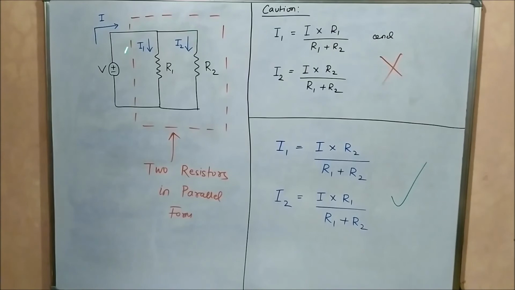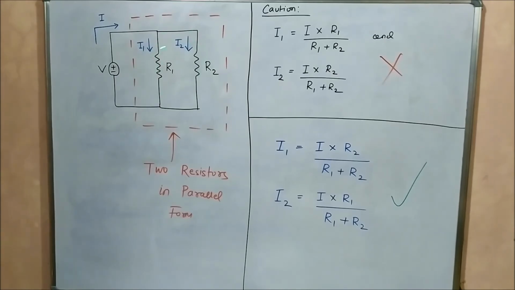I will demonstrate this with many circuit problems in my upcoming videos, but for now, understand that you have to make sure the circuit structure is in this form: two resistors connected in parallel, the current division takes place at a particular node, because the current division rule can only be applied to a parallel connection circuit.